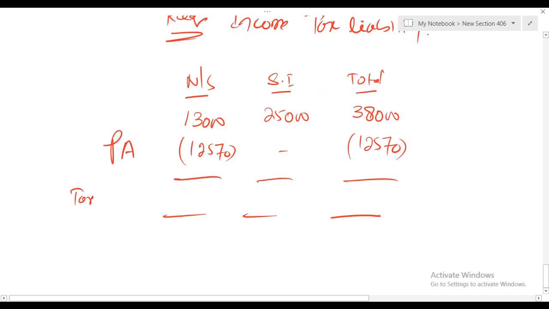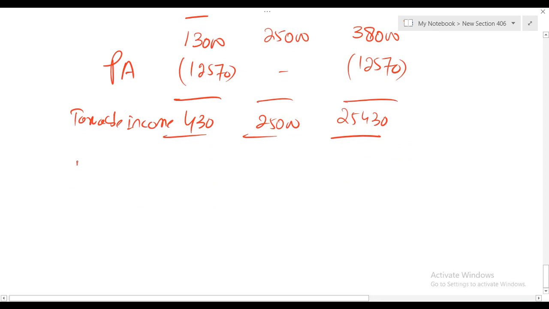How much taxable income am I getting? 13,000 minus 12,570, I'm getting 430. Saving income 25,000. Total 25,430.